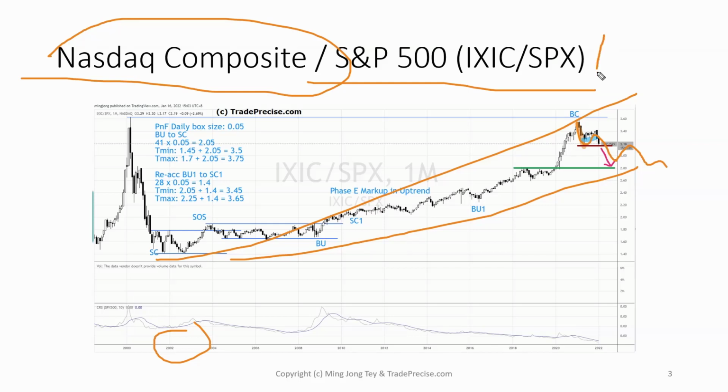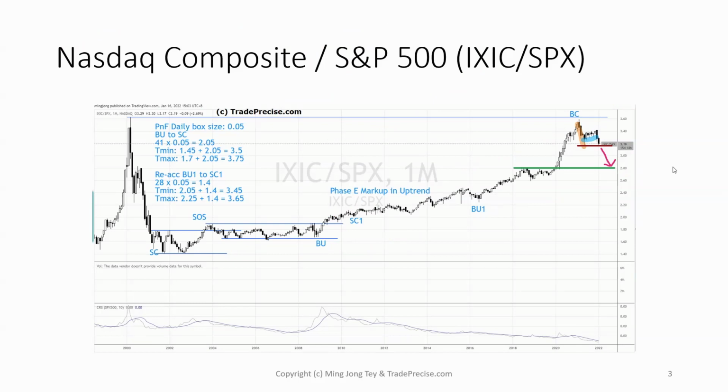If it turns, that means it will underperform the S&P 500. It could mean there is a sector rotation going on into the S&P 500, or it could mean that both markets are going down while the Nasdaq leads the way down and performs a lot worse than the S&P 500. All right, so this is the chart.